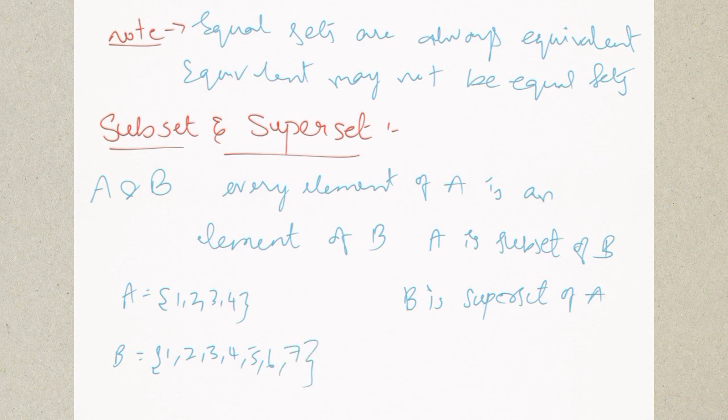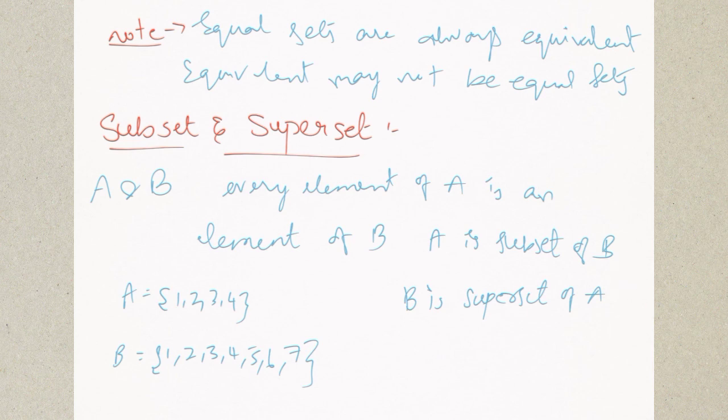See, all elements of A are there in B also. So that's why A is a subset of B. Whereas there are more elements in B, right? There are elements of A as well as other elements also. So that's why it is the superset of A. That is the difference between subset and superset.